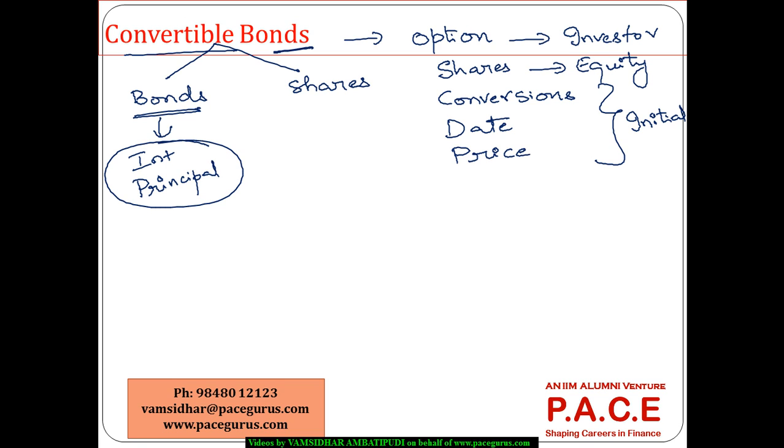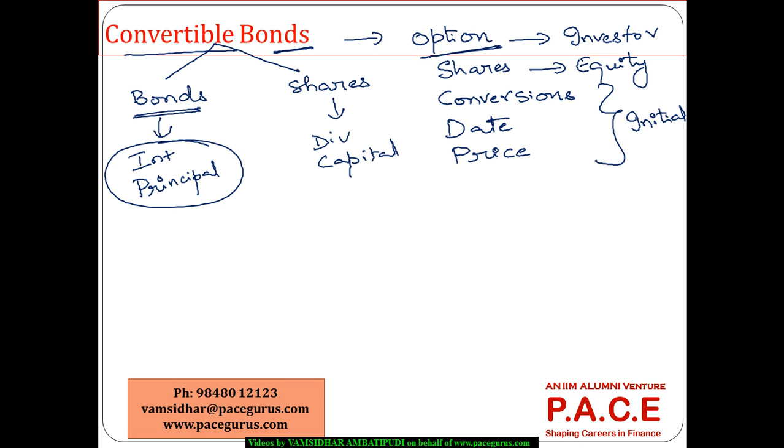Now it's not mandatory to convert, because it's an option given to the investor. So the bond can continue till the maturity period also. But once it is converted, the bond's interest and principal payments will be stopped, and probably the dividends and the capital appreciation for the share is going to come out.